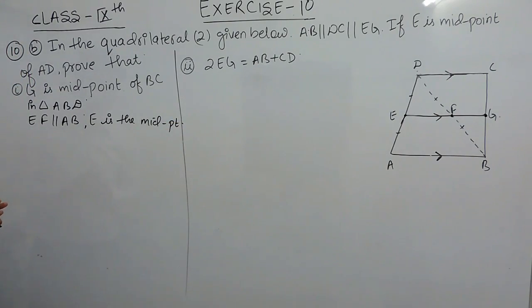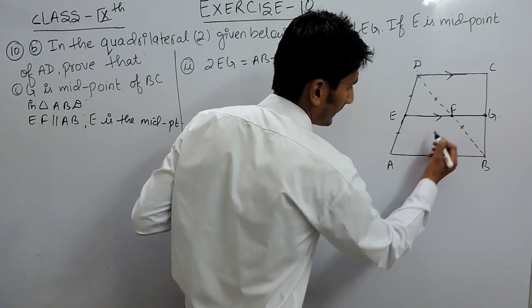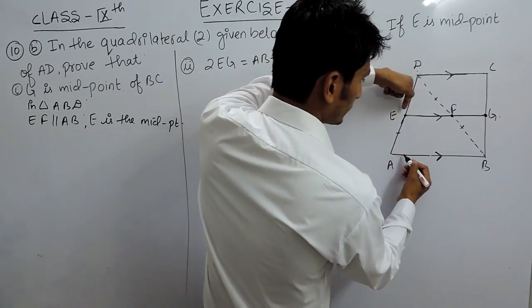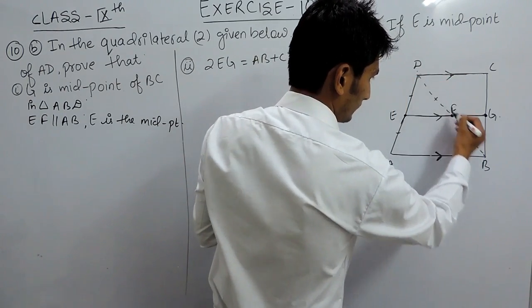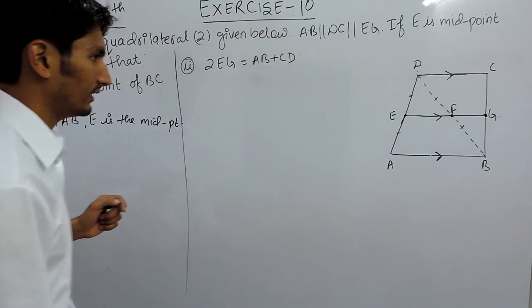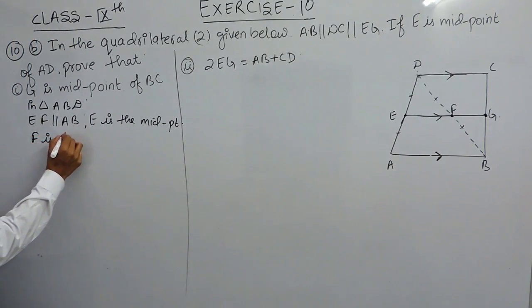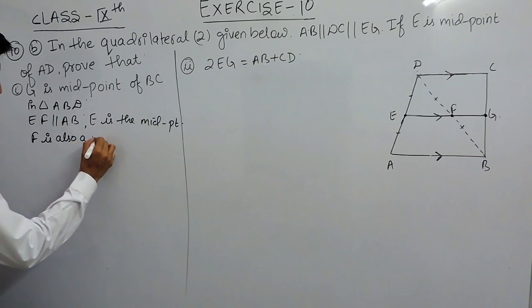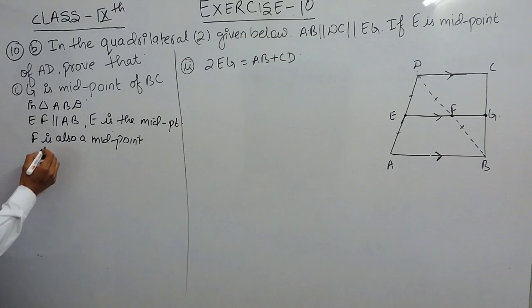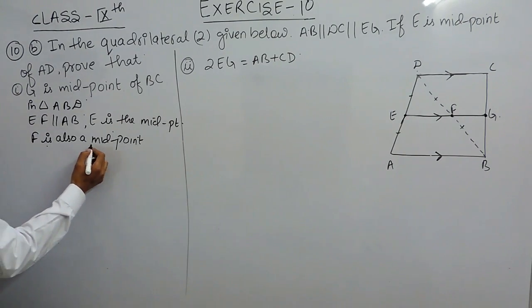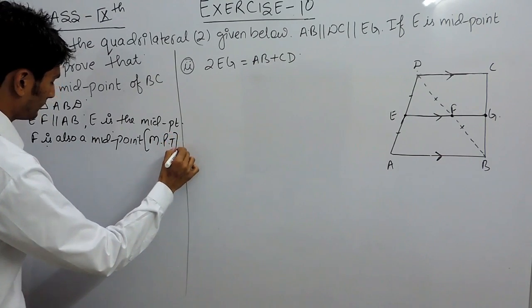So according to the midpoint theorem, if we draw a parallel line from the midpoint of one side to the second side, it should meet the midpoint of the third side. So F should also be a midpoint. Again, this is because of the midpoint theorem.